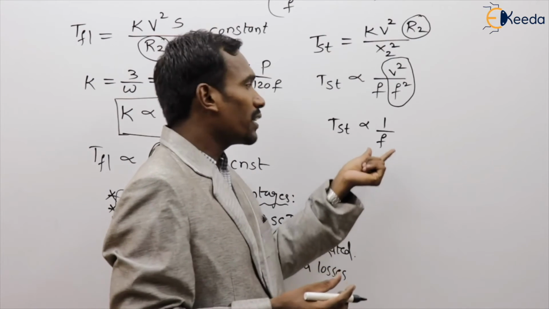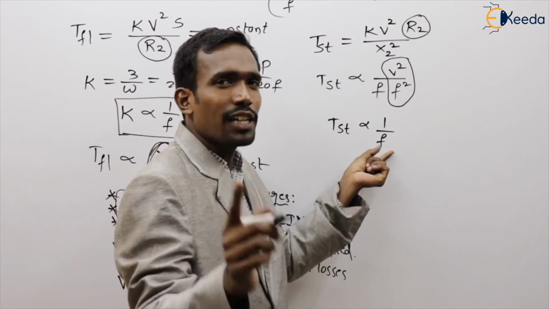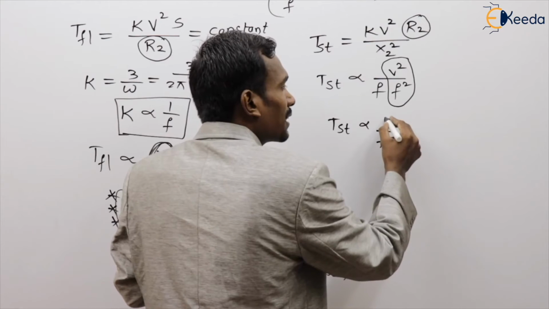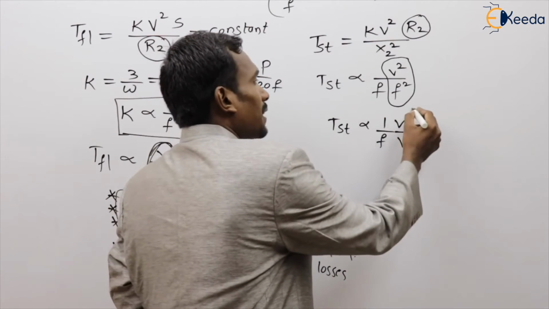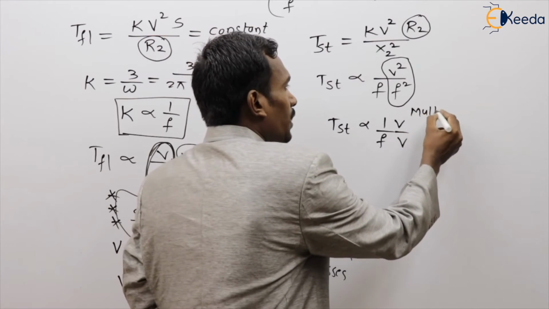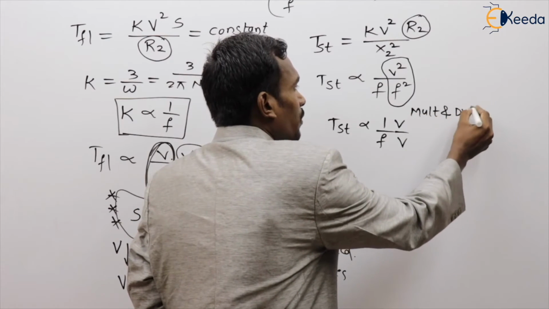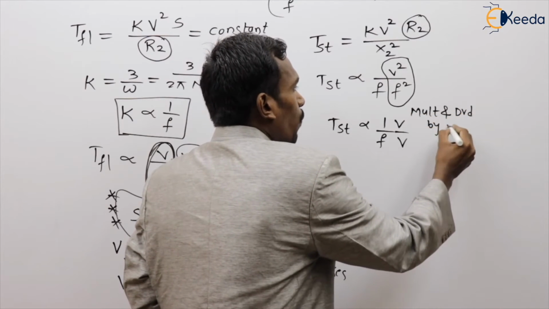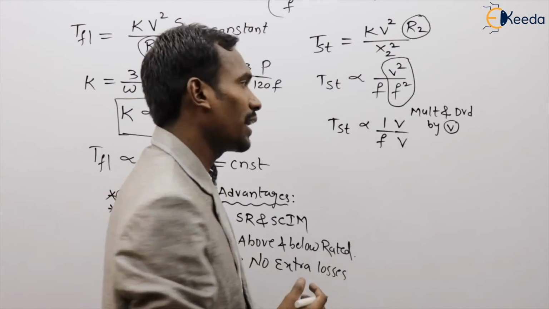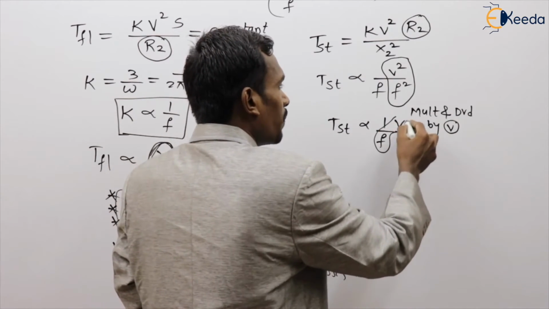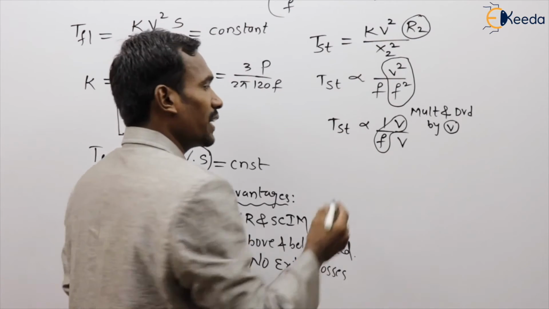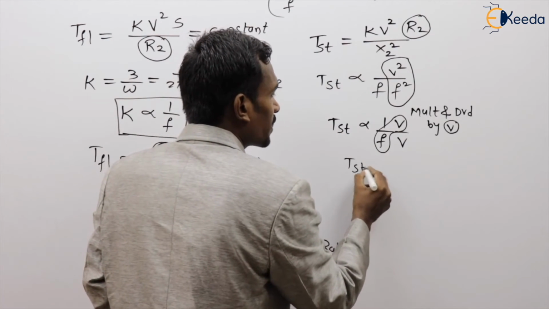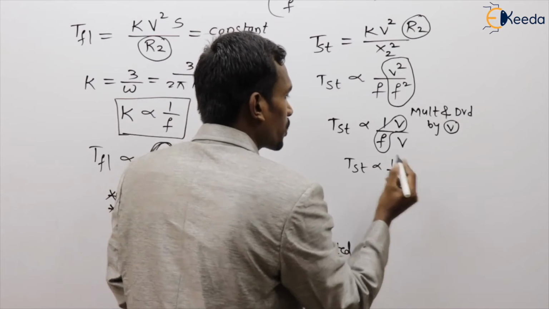That's why there are no voltage terms. For voltage terms, I multiply and divide by voltage. Then again V by F is constant. Finally, the starting torque is inversely proportional to V.